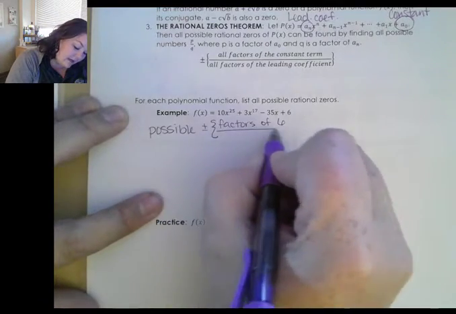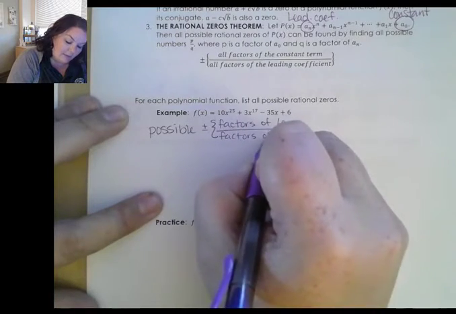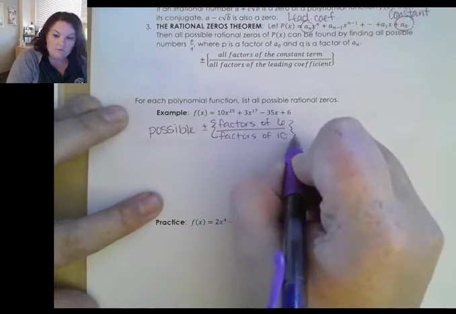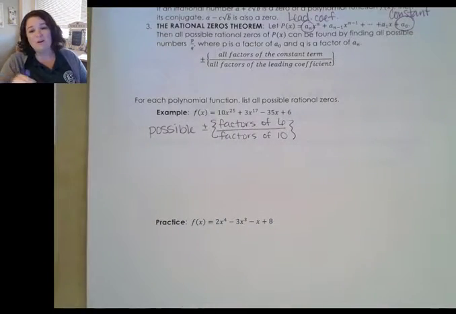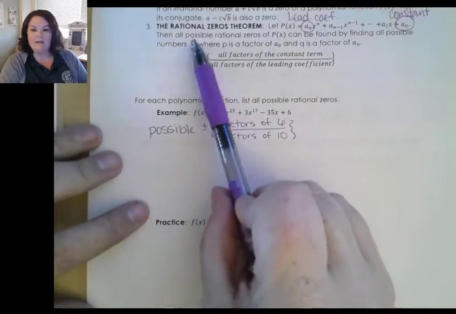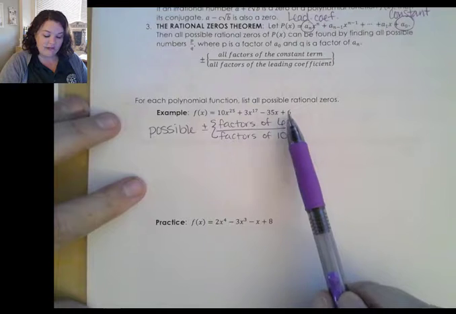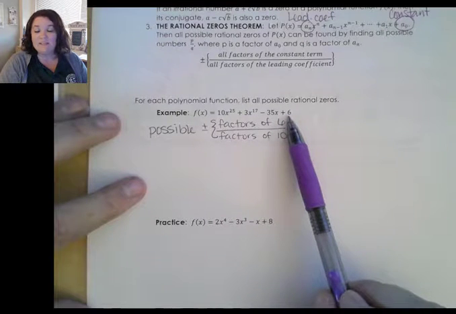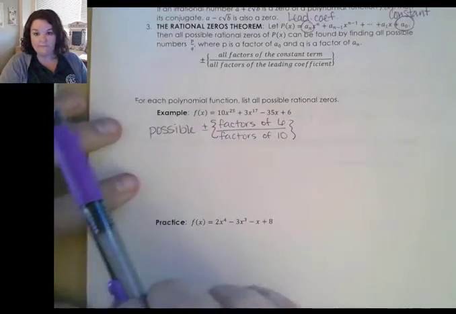And then I'm going to divide those by all the factors of my leading coefficient, which in this case is 10. Okay, so that's all you have to remember. If you get help on MyMathLab, it's going to give you this theorem. It's going to talk about P and Q and all this craziness. All you need to know is that it's the factors of your constant term, that's your P, over the factors of your leading coefficient, and that's what they call Q.